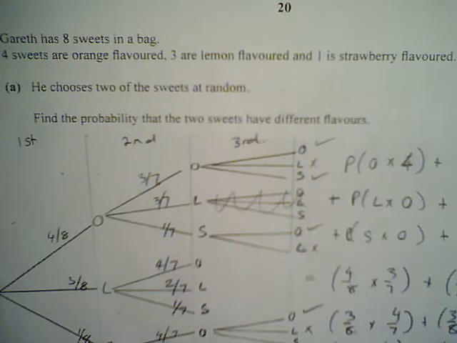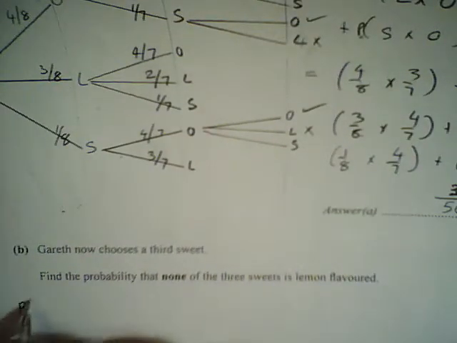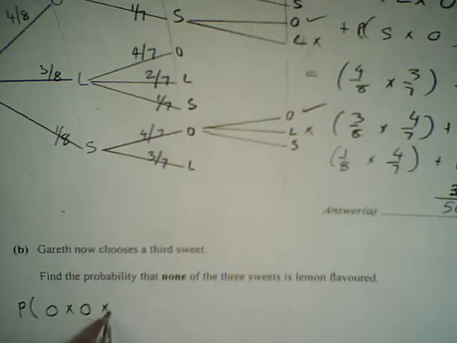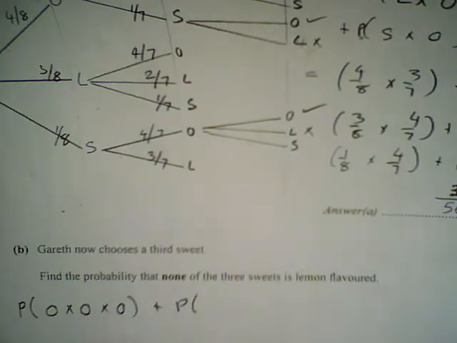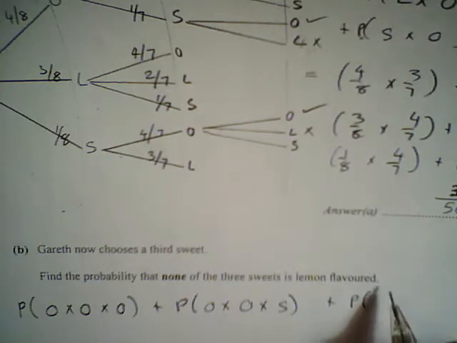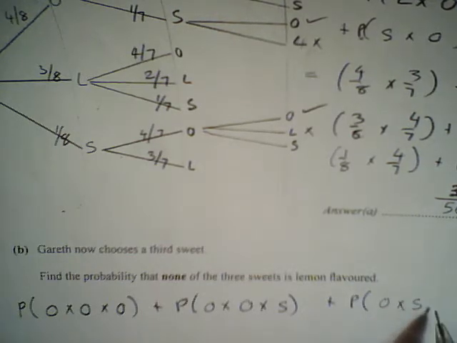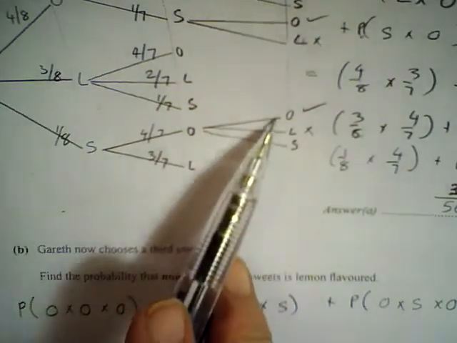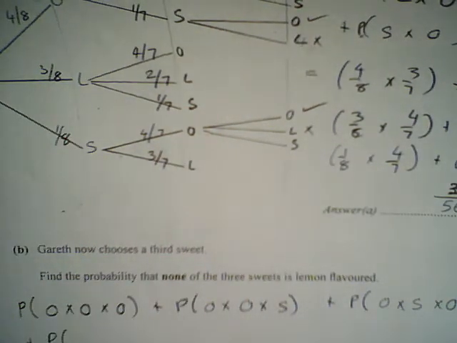Okay, so let's write it down. So it is a possibility of getting an orange times an orange times an orange, plus the possibility of getting an orange times a strawberry times an orange, plus the possibility of getting an orange, orange, strawberry, plus the possibility of getting a strawberry times orange times orange.